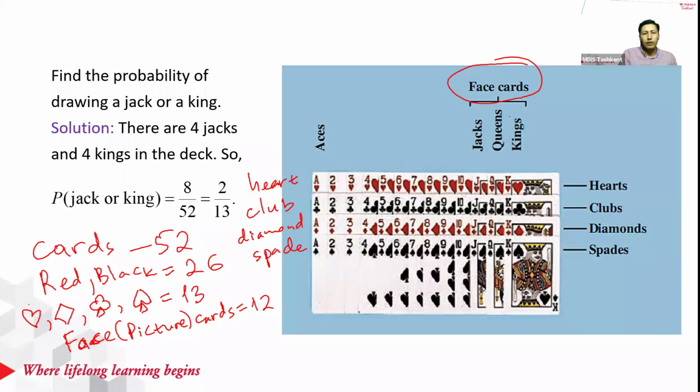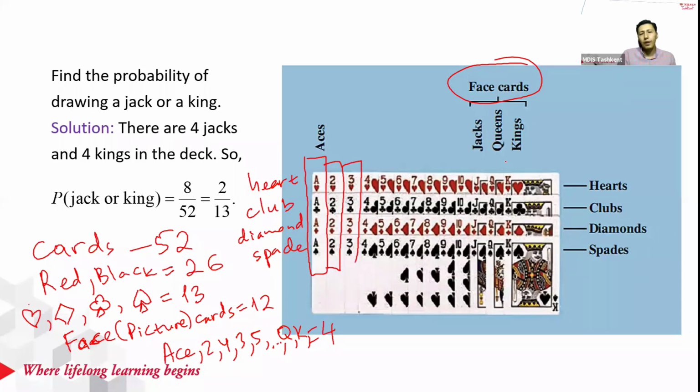Then we have ace, 2, 3, 4, 5, and so on, queen, king. Each how many? 4 pieces. Here you see we have 4 aces, 4 twos, 3s also have 4 pieces, 4 jacks, 4 queens, 4 kings, and so on.